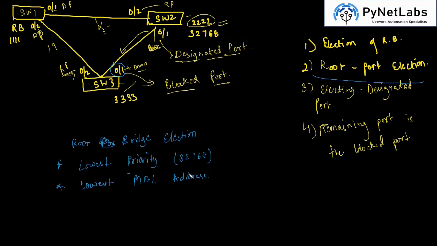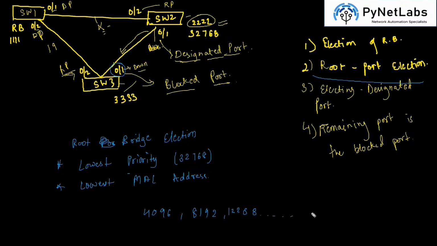Now you can change the priority of a switch using some configurations, but you have to keep in mind that priority value can only be changed in multiples of 4096. So basically you can set a priority of 4096 or 8192 and so on, 12,288 and so on.